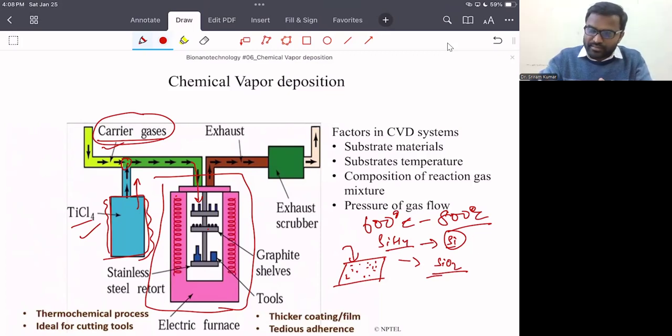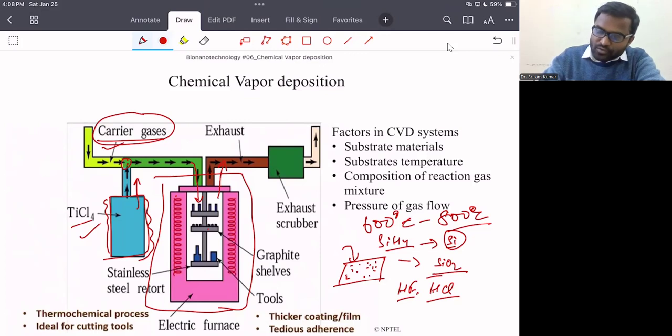Once the deposition happens, we get the exhaust gas, and in that exhaust gas, toxic gases or toxic elements may be present. For example, in some cases you will get HF, in some cases you will get HCl. So we need to remove that toxic chemical from the gas.